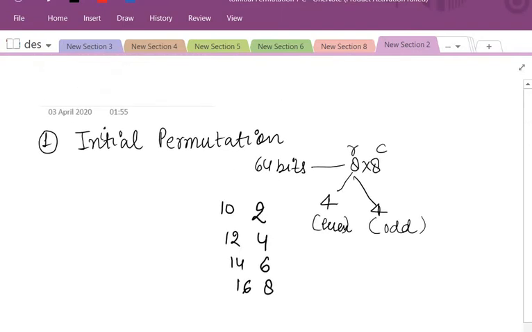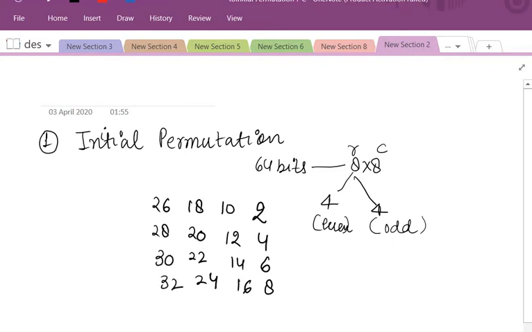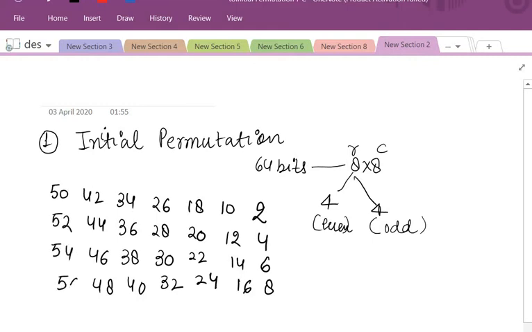Then 18, 20, 22 and 24. And then 26, 28, 30, 32, 34, 36, 38, 40, 42, 44, 46 and 48. Then 50, 52, 54, 56, 58, 60, 62 and 64.